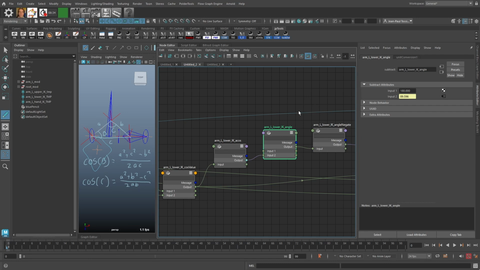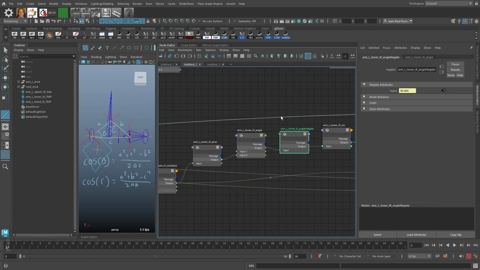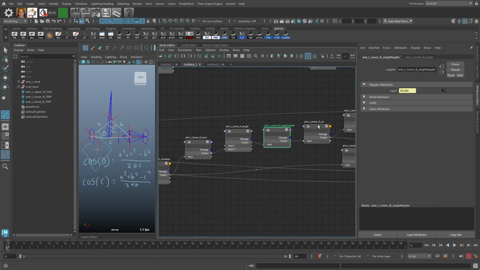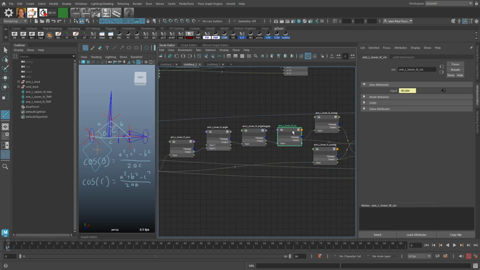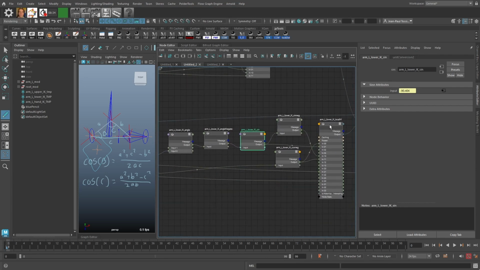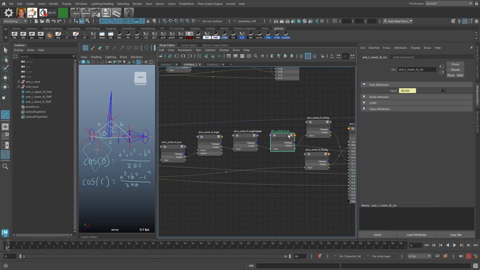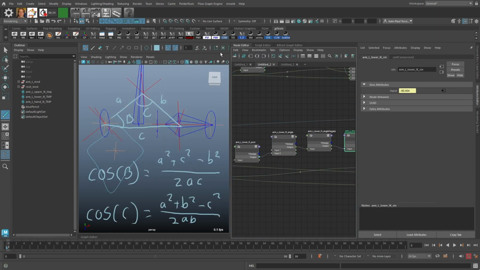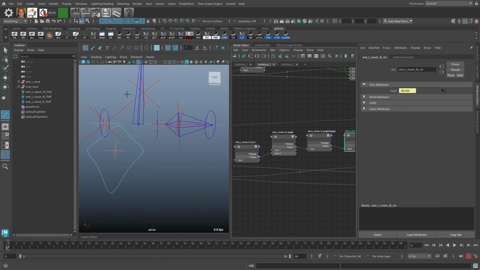So we subtracted the angle from 180, so basically rotating it 180 degrees. And then, because we didn't want it to arc the wrong way, we negated that angle. And then with this new angle, we used a sine node to get the sine value to construct the rotation matrix.